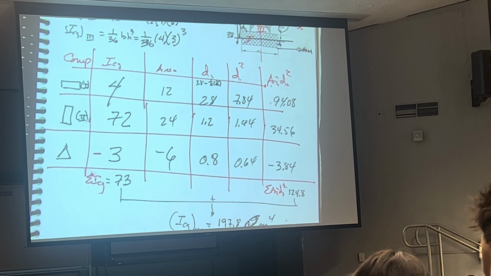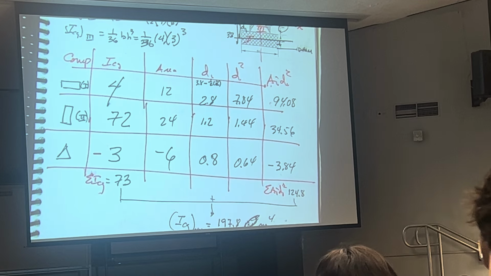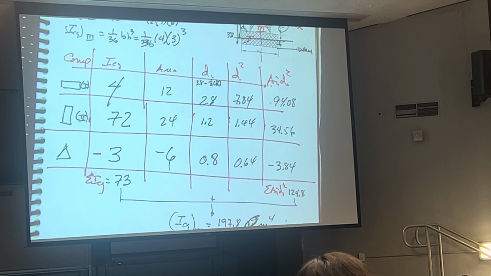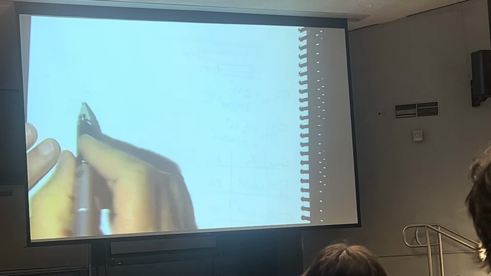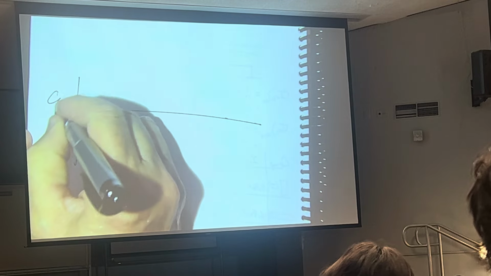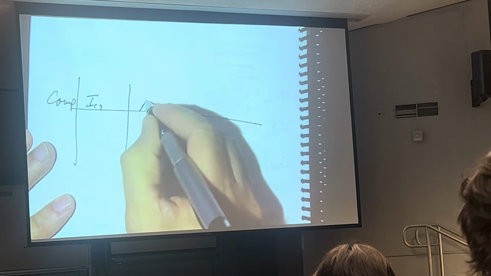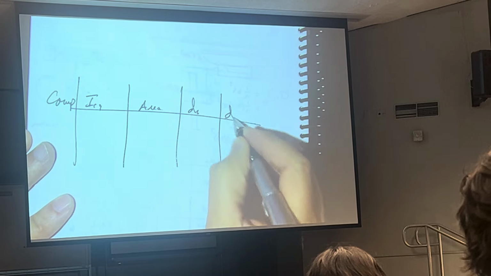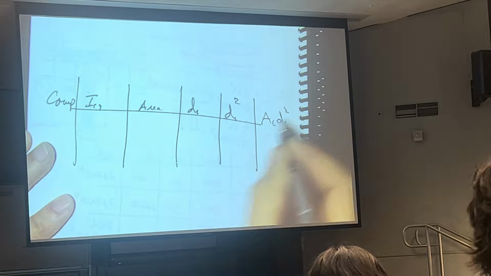So let's redo this exact problem that we just finished, this time by sending everything to the base. So here it is. Everything goes to the base now. Component, ICG, area, DI, DI squared, AI, DI squared.